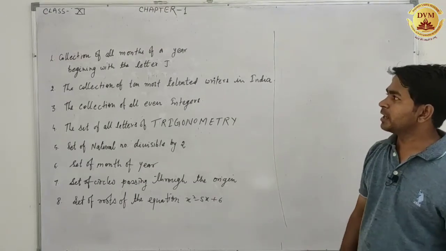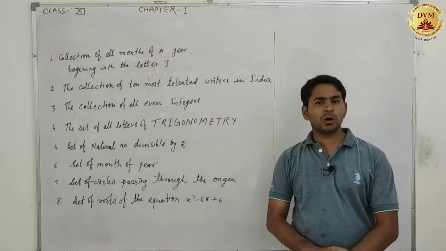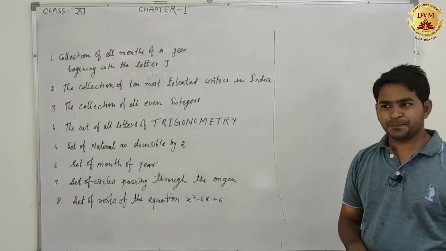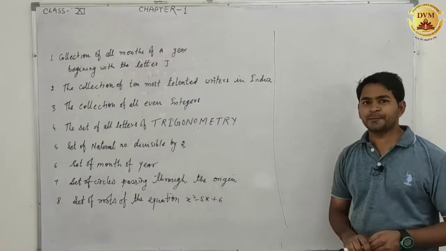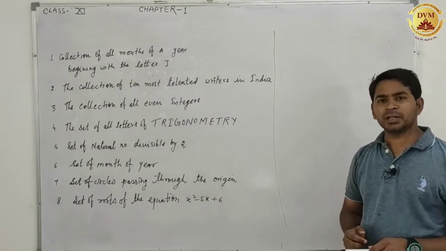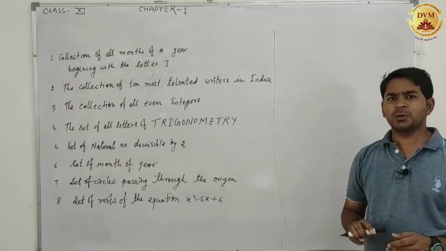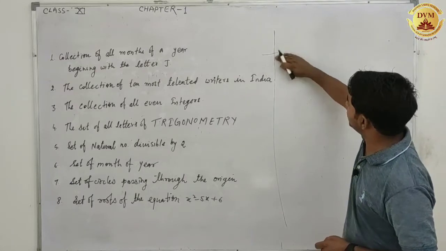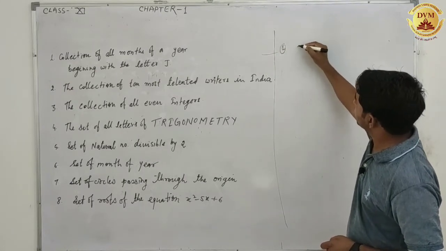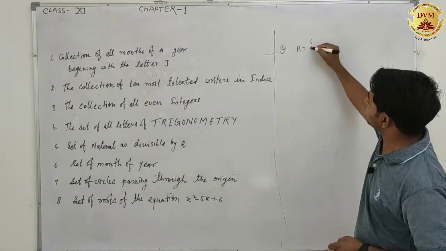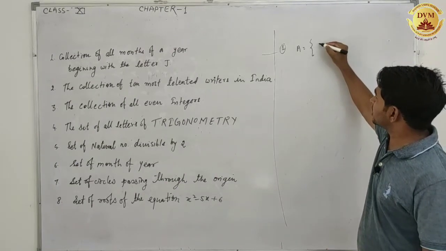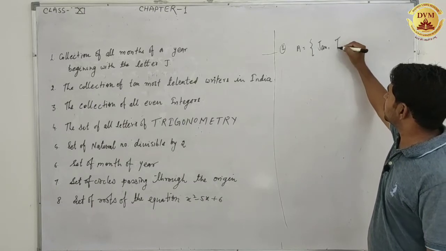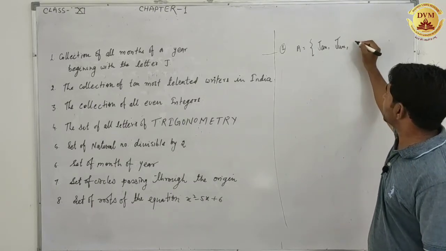First example: a collection of all months of a year beginning with the letter J. So we have to create a set having the months of a year whose first letter is J. So the set for the first question, suppose the name of the set is capital A: the first month is January, second is June, third is July.